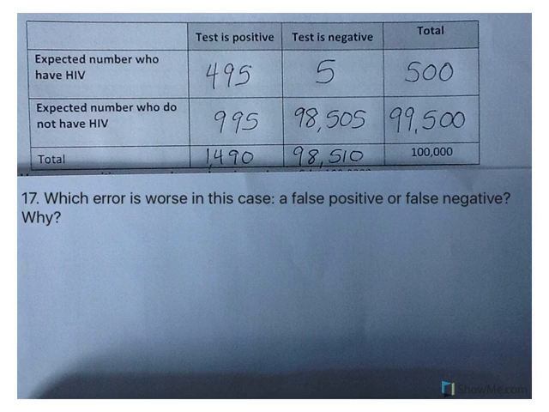And I believe that is, oh, I lied. Which error is worse, a false positive or a false negative? Now, this is completely and totally opinion. Remember that a false positive is when they say, Billy, you have HIV, but you really don't. So if you're told that you have HIV and you don't have it, one, it's going to crush you, right? It's going to crush your family, your friends.